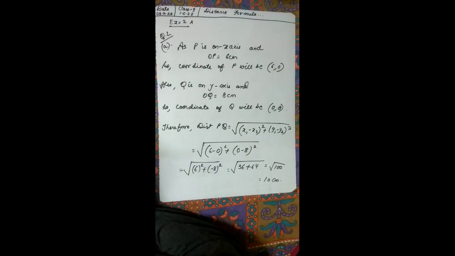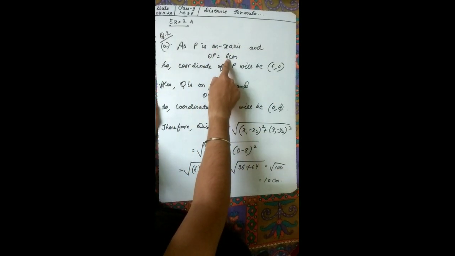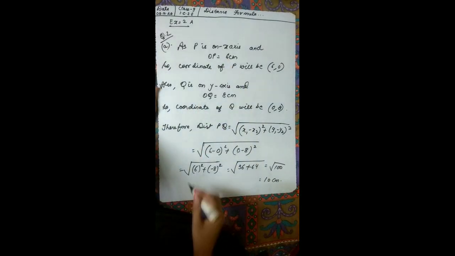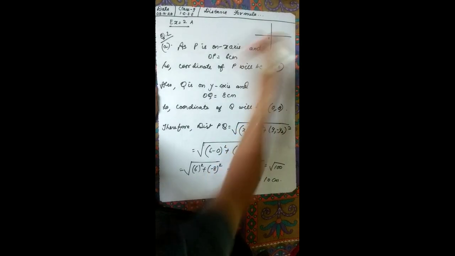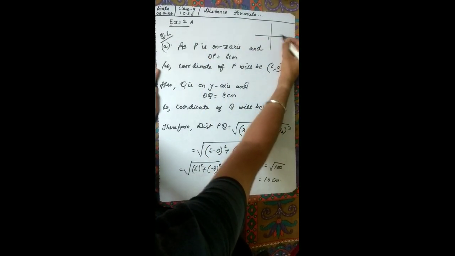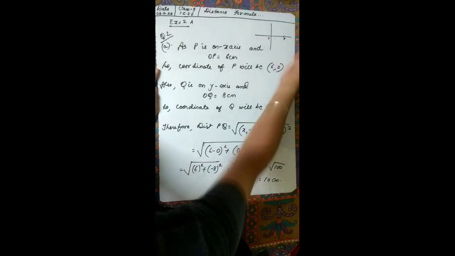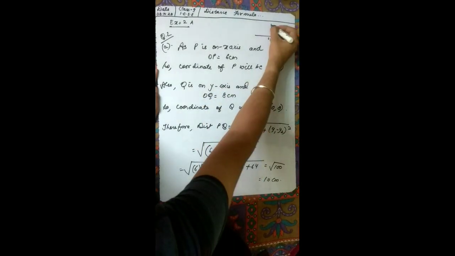As P is on x-axis and OP is equal to 6 centimeter, if you want to see this in a graph, this is O, and we are considering P on x-axis. So P will be on x-axis and OP is how much? 6 centimeter. So this distance is 6 centimeter, and Q is on y-axis and OQ is equal to 8 centimeter.